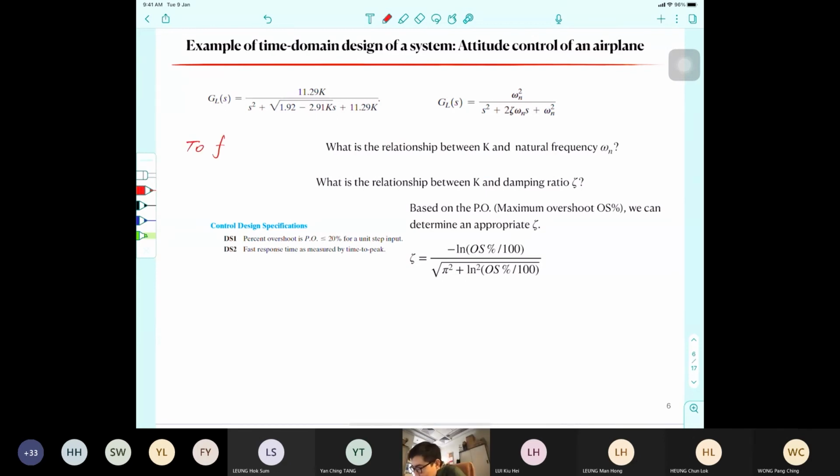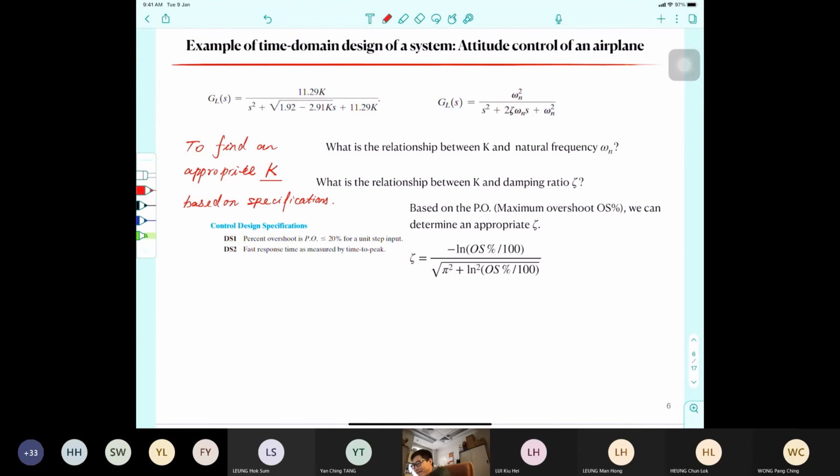Is to find an appropriate K value, based on specifications requirement. Right? Find the K based on specification requirement.